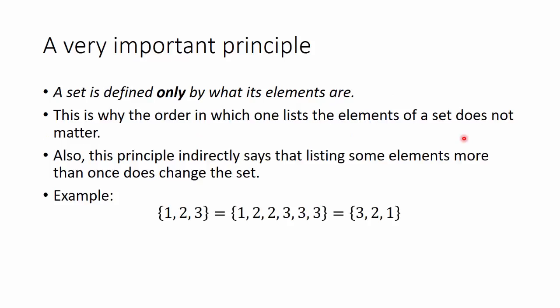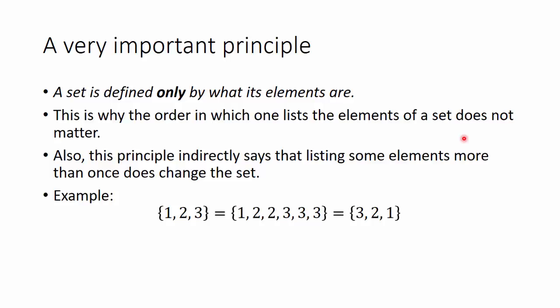Now here's a very important principle that we want to remember. A set is defined only by what its elements are. This is why the order in which one lists the elements of a set does not matter. Also, this principle indirectly says that listing some elements more than once does not change what the set is.